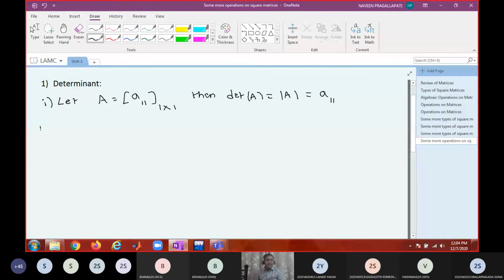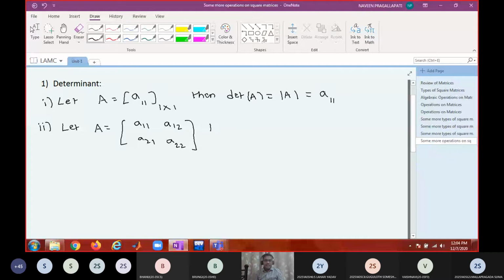Now assume that A is a 2 by 2 matrix. What is the general form of a 2 by 2 matrix? A11, A12, A21, A22. Let us define determinant with a formula, then from 3 by 3 onwards, we'll use another way of defining.